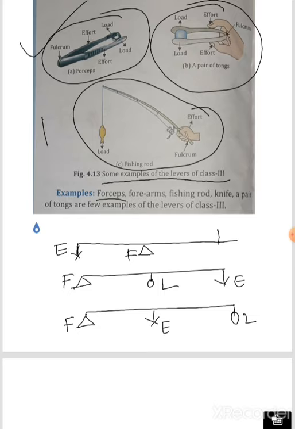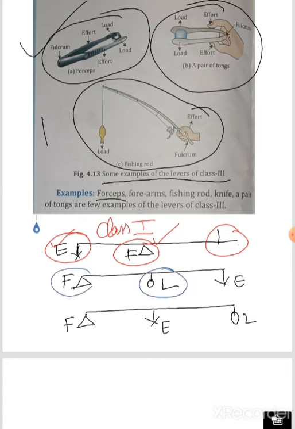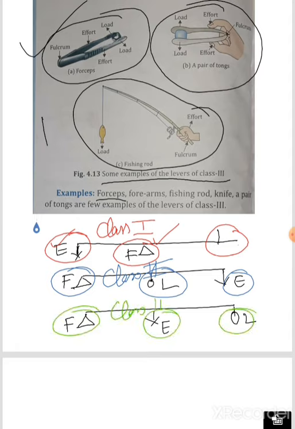In the first picture you see the fulcrum is in between effort and load. So when the fulcrum is lying in between the load and effort, it is called a class 1 lever. When the load is in between the fulcrum and effort, it is called a class 2 lever. And when the effort is in between the fulcrum and load, it is called a class 3 lever.